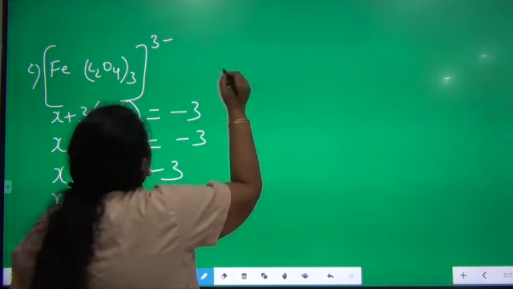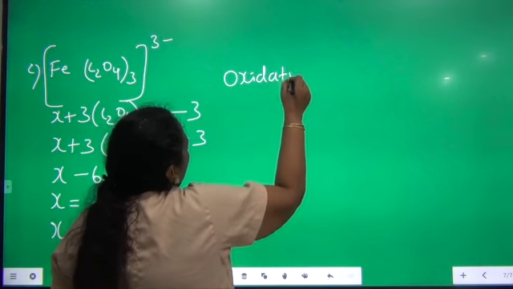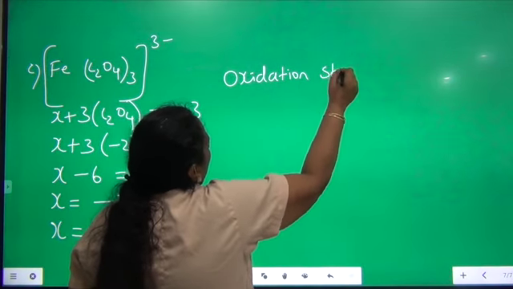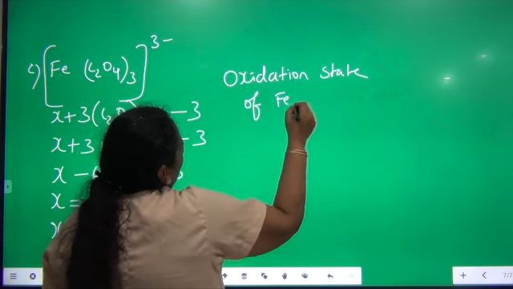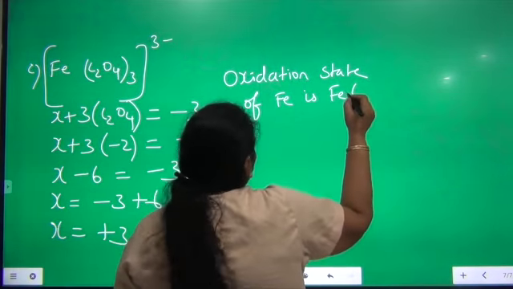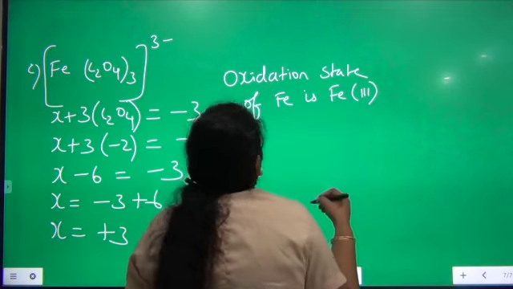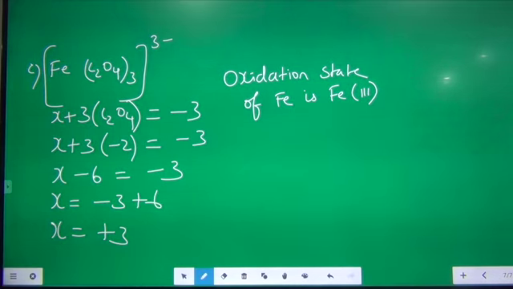So the oxidation state of iron, Fe, is plus 3. Usually it should be indicated in Roman numeral, so Fe(III) in parenthesis.